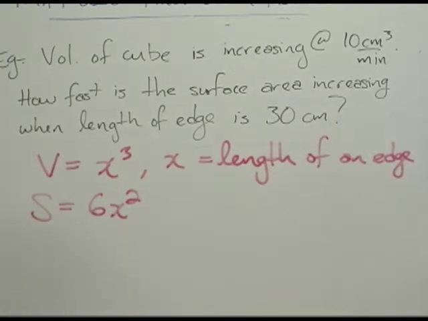The easiest way I find to think about this is to remember that because we're dealing with a cube, there's going to be 6 sides, and each side is a perfect square, right? It's a nice little square, and every square is going to have an area of x squared, right? There's 6 of them, so you add them all up, you get 6x squared.